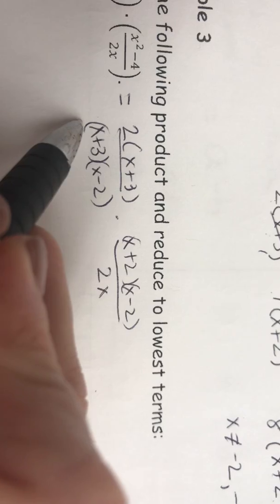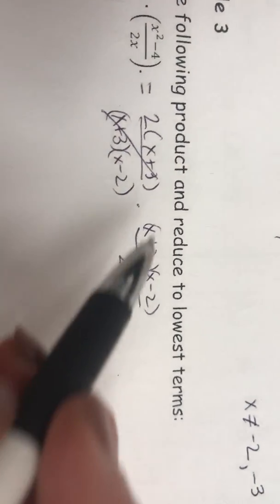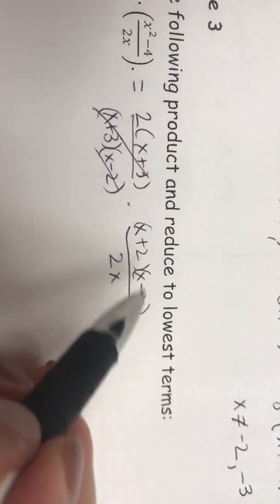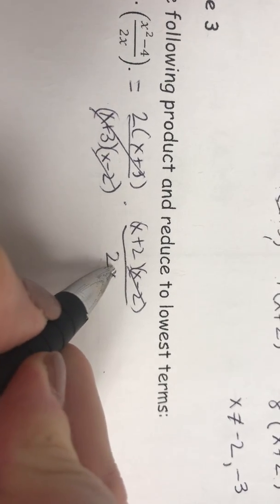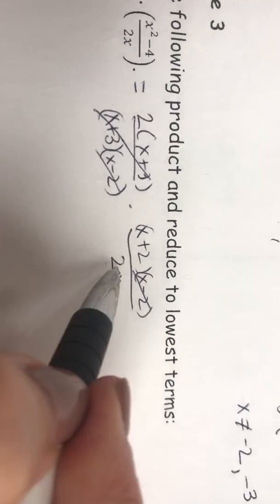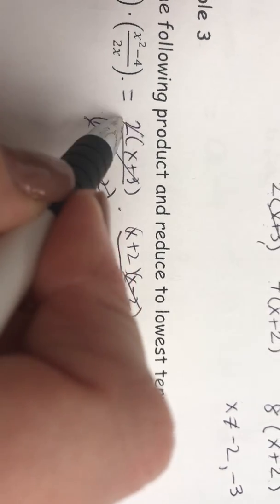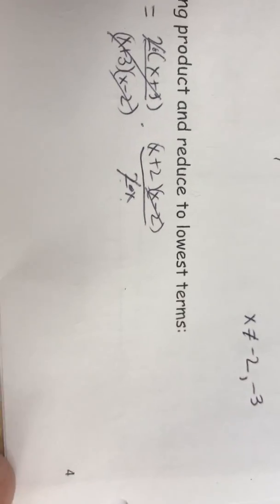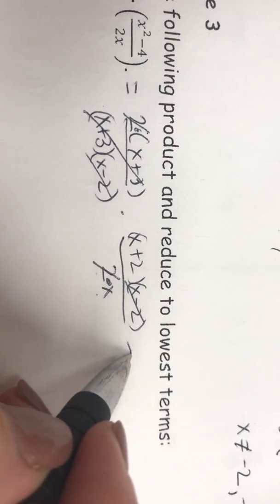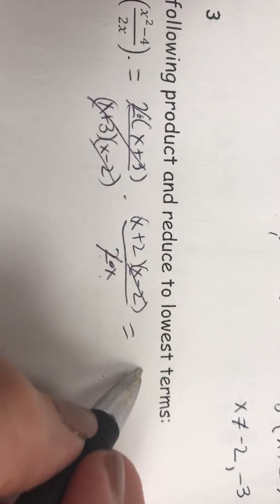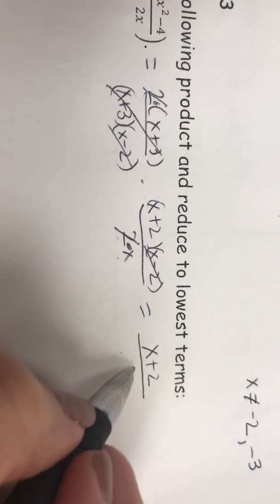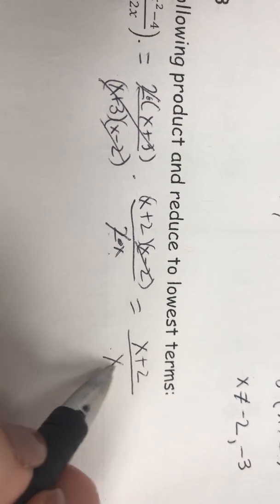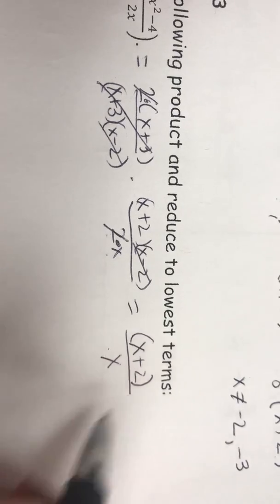This can reduce numerator to denominator. This binomial matches this binomial. And this 2x, remember, it is a 2 times x. So this 2 is a factor, so is this, because that's times. So that's all that can cancel. Multiply straight across your numerator, holding that place, and straight across your denominator, holding that place. These x's cannot cancel because that is locked in.